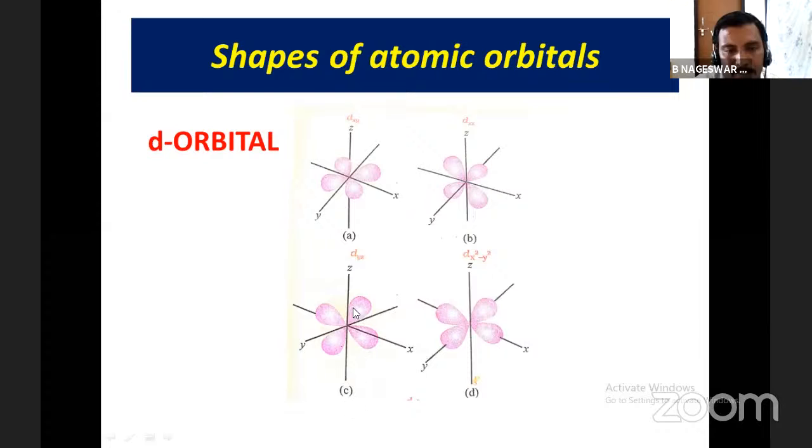Next, in the case of yz orbitals, what happens, children? These loops are present between the y and z axes.